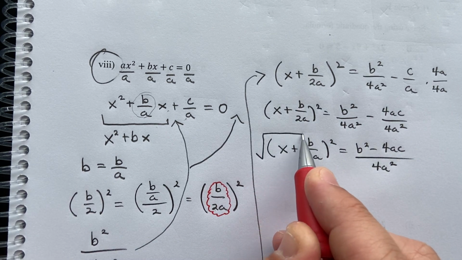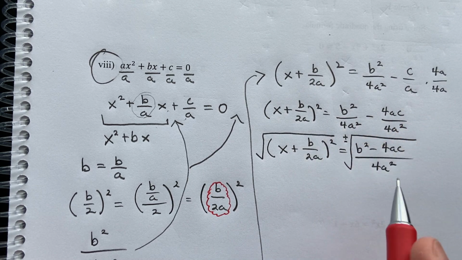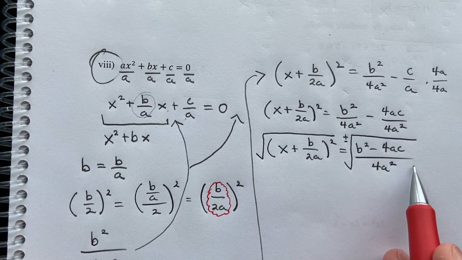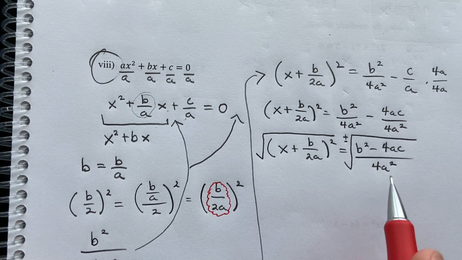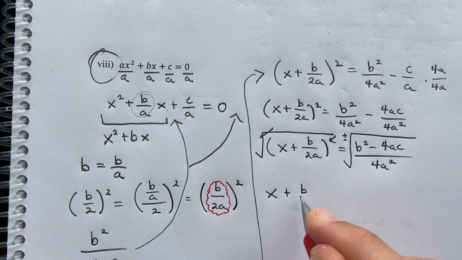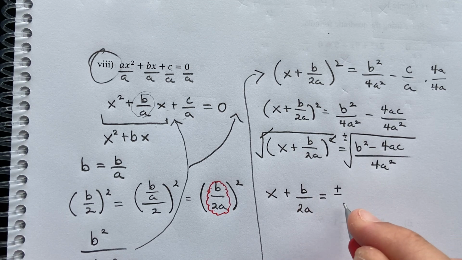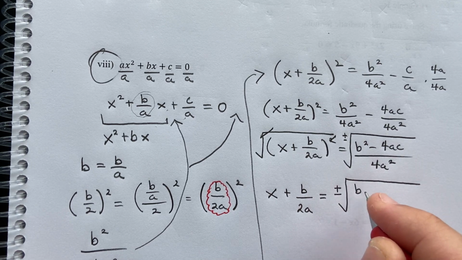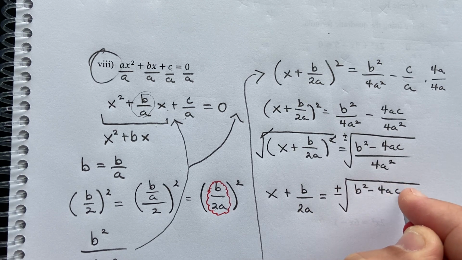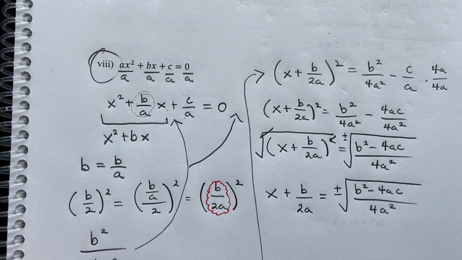Now, finally, square root plus and minus on the side with the pure number, which this would just be a pure number based on a, b, and c. So these cancel. I have x plus b over 2a equals plus and minus the square root of b squared minus 4ac all over 4a squared. In the bottom, I have 4a squared, so I can actually simplify that.